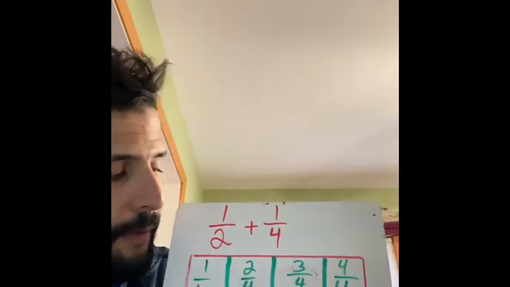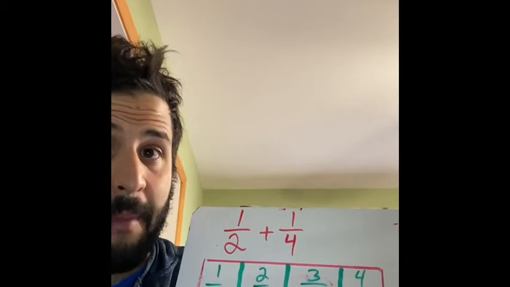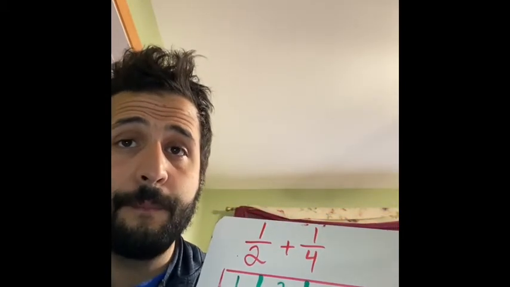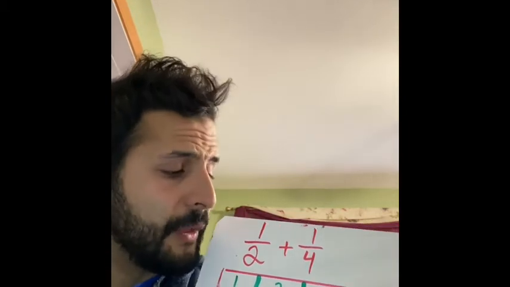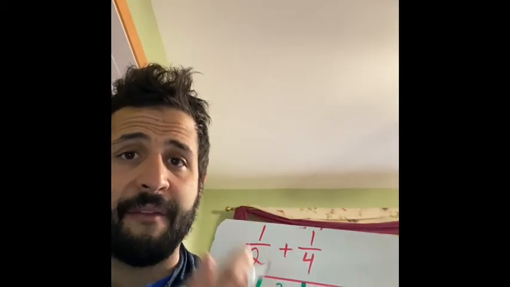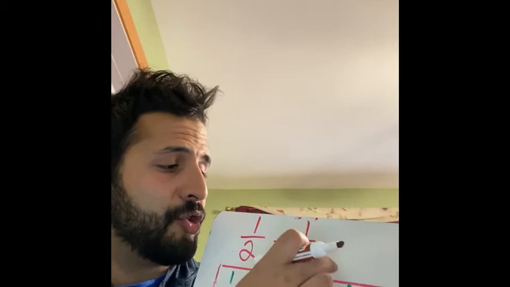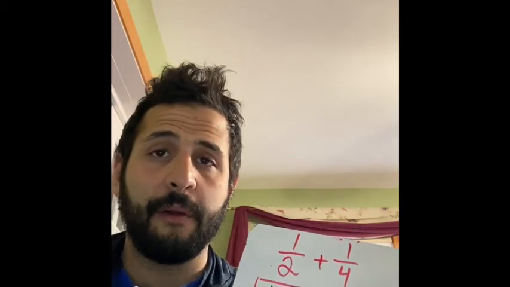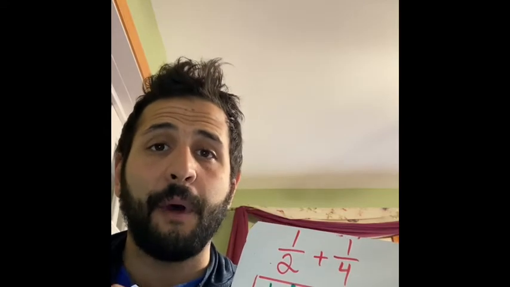And if you're looking right here, we're going to see it perfectly matches up. 2 of these fourths equal 1/2, okay? So 2 of these fourths equal 1/2. That's giving me a clue that I need to change my fraction here, 1/2, okay? And I need to multiply it by 2.